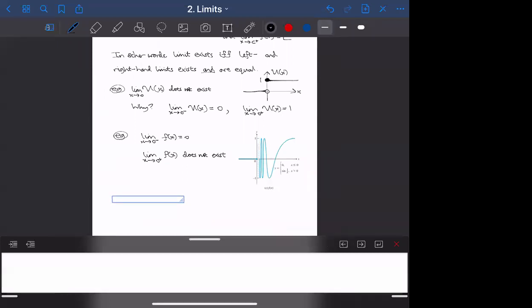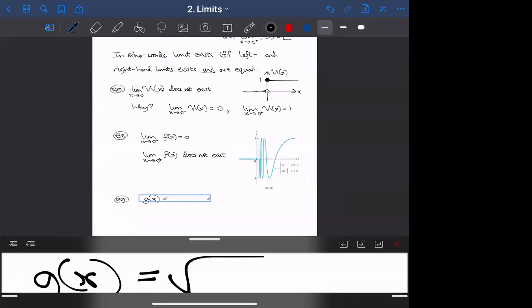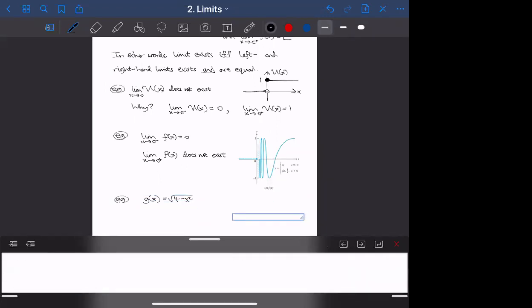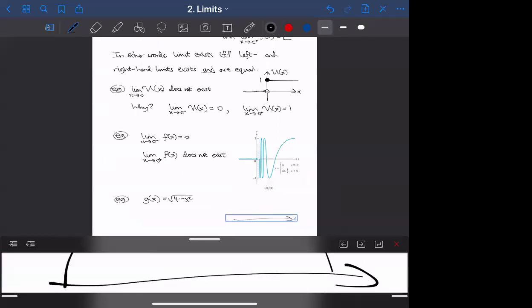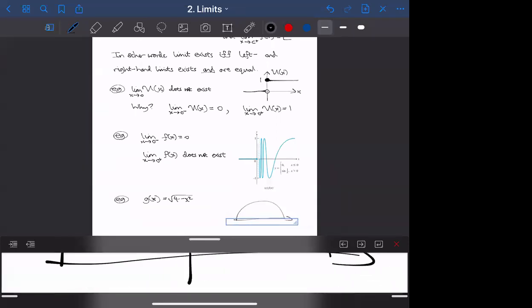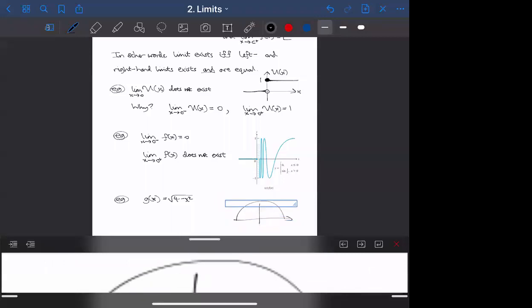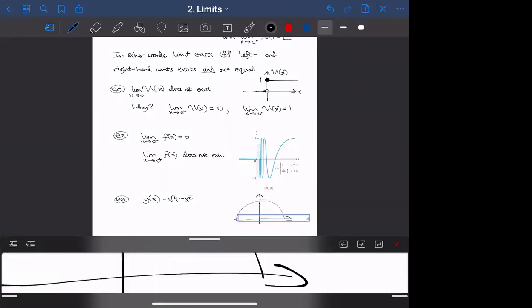So another example. If I let g(x) be the square root of 4 minus x squared, so this is the equation of a circle of radius 2.